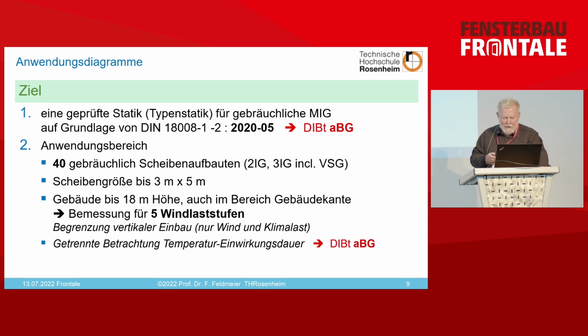However, that has now increased to 40 different insulated glass units. So with 2 glasses, with 3, VSG, ESG, and the size could be 3 times 5 meters. And then the application area would also have to be limited, and I already mentioned that.